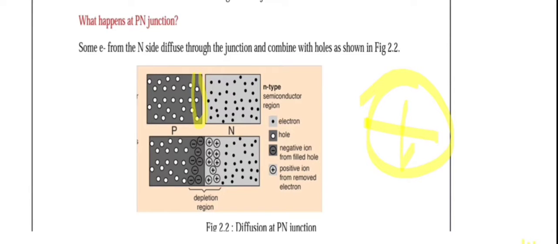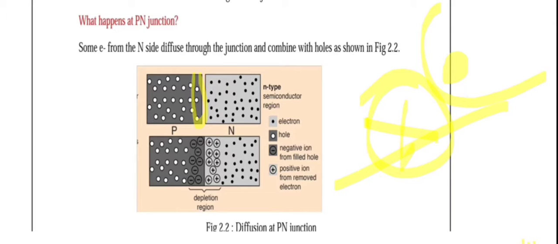The charge neutrality between electron and proton is lost, and it becomes a positively charged ion. We name it an uncovered charge, because it's not covered. Previously it was an electron and a positive charge; when it loses one electron, what remains is an uncovered charge.